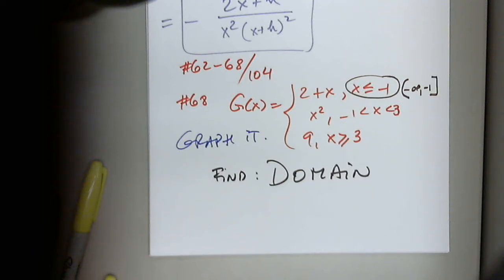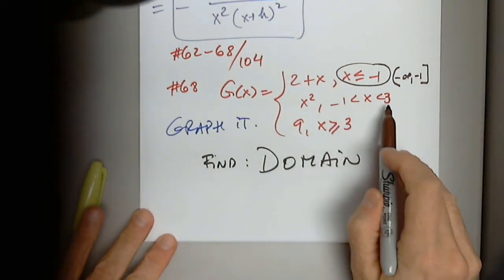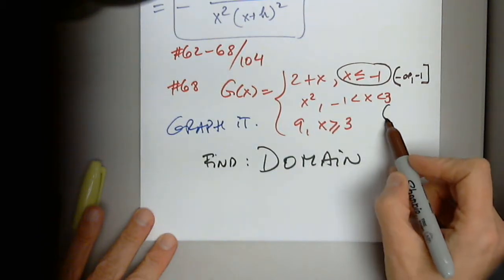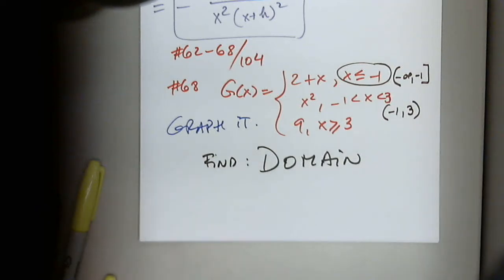Less than or equal to -1 from -∞ with a parenthesis. Because of the equal symbol, I have to put a bracket. Can anyone give us the second interval? How will you write this one from -1 to 3? Please. It's your parentheses, -1, comma 3 parentheses. Awesome. And how do we write the last one?